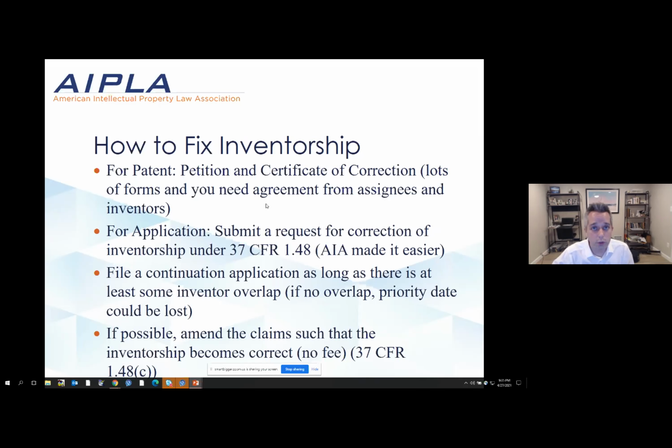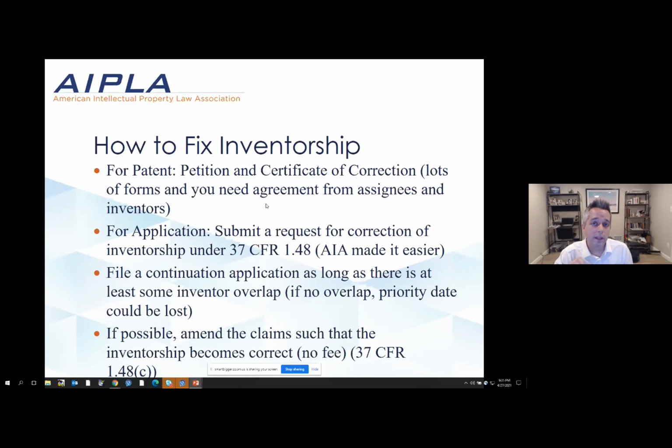There are other things that you can do. For example, you can file a continuation application and change the inventorship on the continuation application. Assuming that you're going to abandon the incorrect inventorship application, you've now got a new patent application with correct inventors.